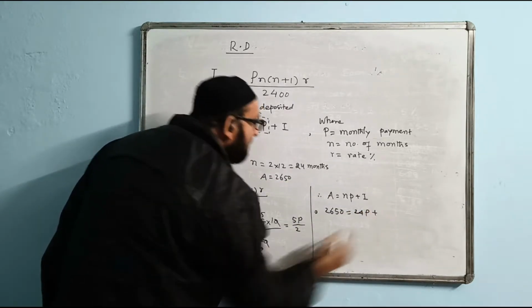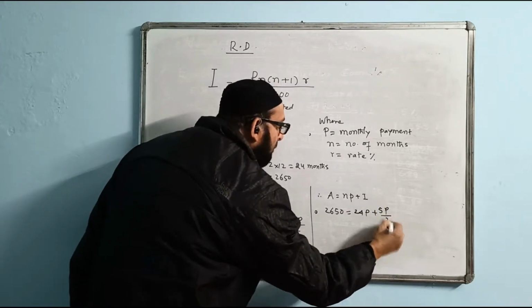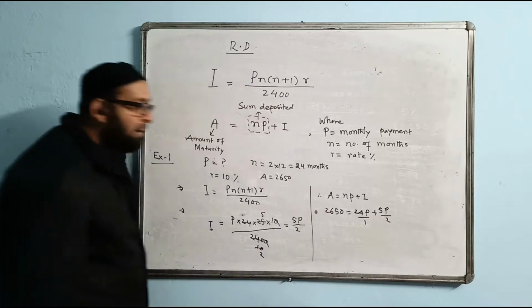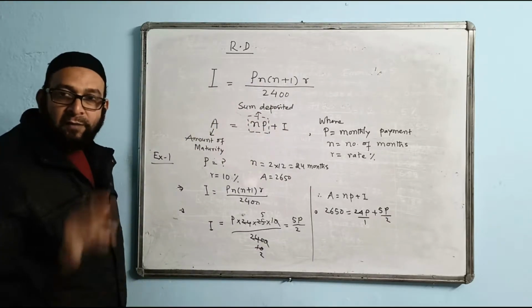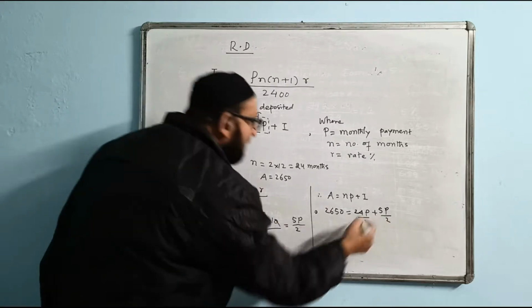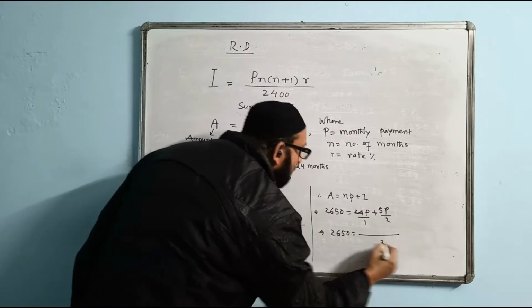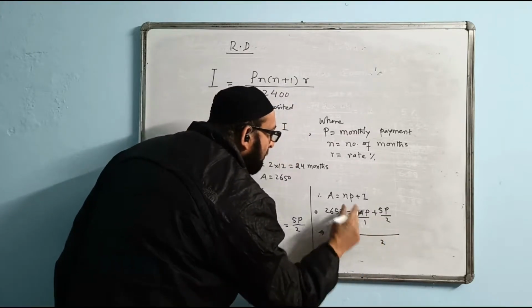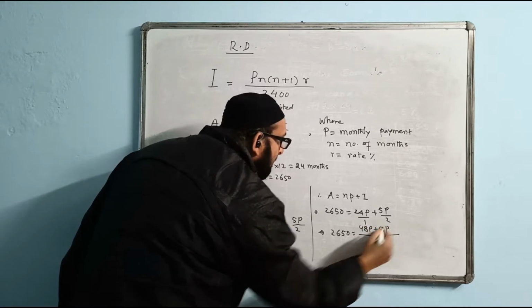P is unknown, keep as it is, plus I value is 5P by 2. We have made an equation and we will solve the equation to find the value of P. So take LCM. Here it will come 2650. LCM is 2, so 24 into 2 becomes 48. P plus 5P.